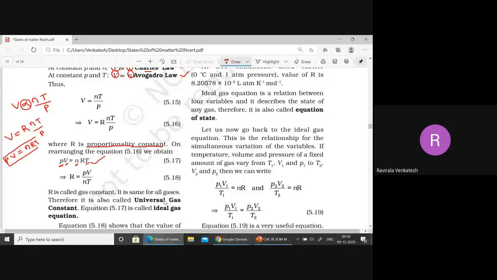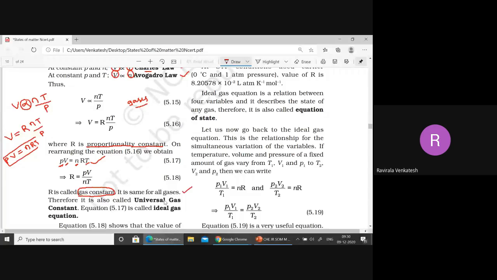R is the proportionality constant. But all these things we are explaining for gases, therefore it is called the gas constant. If I take any gas, the R value will be the same, because it is a constant value for gases.